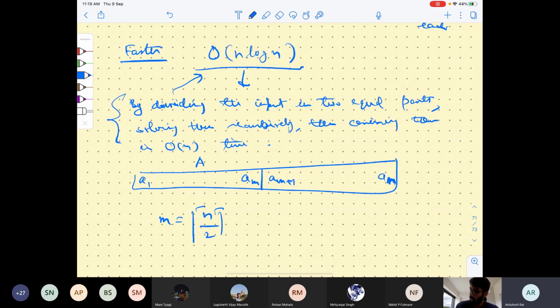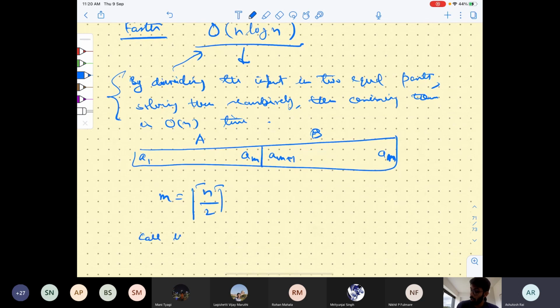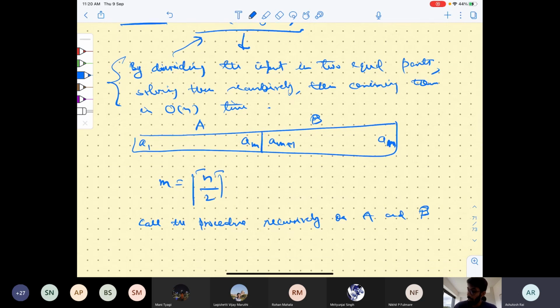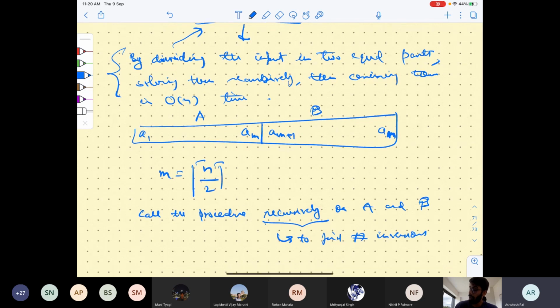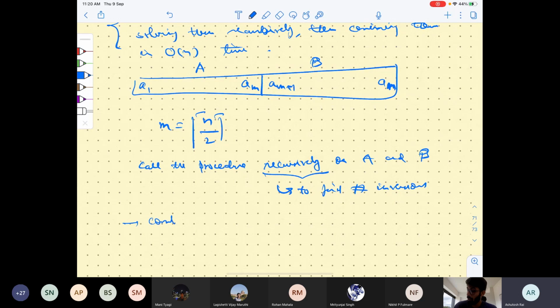Let's call them A and B, and call the procedure recursively on A and B, basically to find the number of inversions in A and B, and then somehow combine them to find the inversions across.